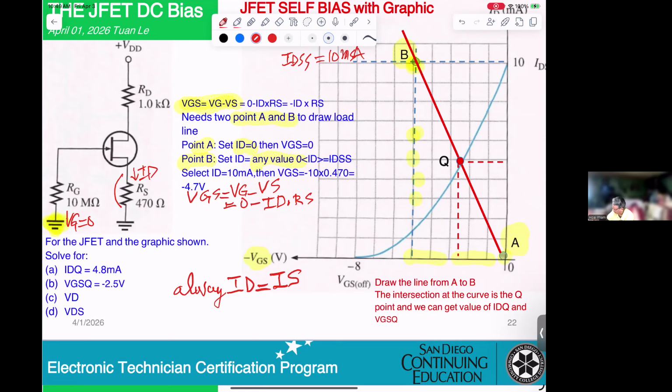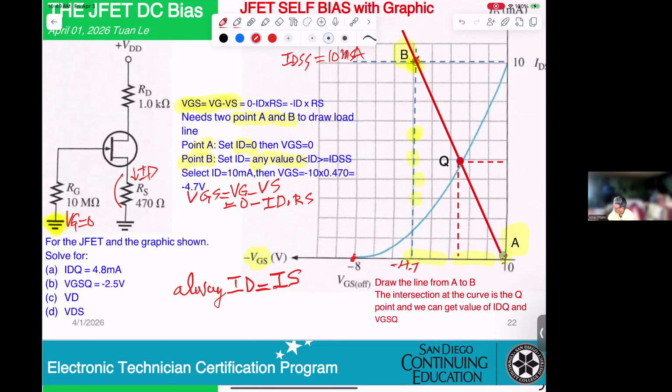Okay, VGS off is minus 8, so you can get the point in here, minus 4.7. Okay, so you can get this point B.